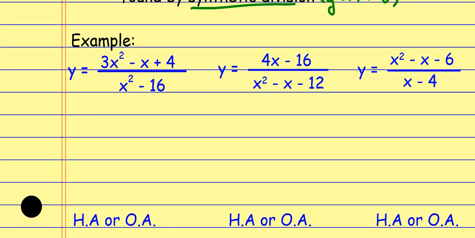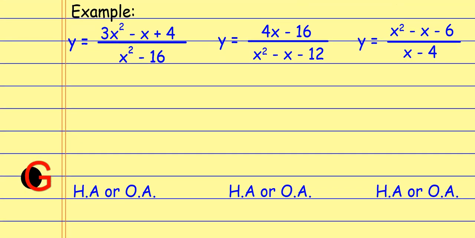if I look at this guy, we want to decide if it's horizontal or oblique, and then we'll come up with the equation. So we look at the degrees. And remember, the degree is basically based on the size of the exponent. So when you look at this first one, the numerator has a degree of 2 right here. The denominator also has a degree of 2 right here.